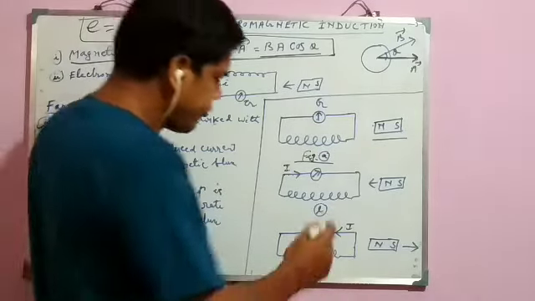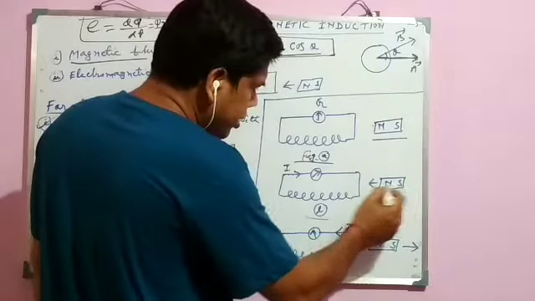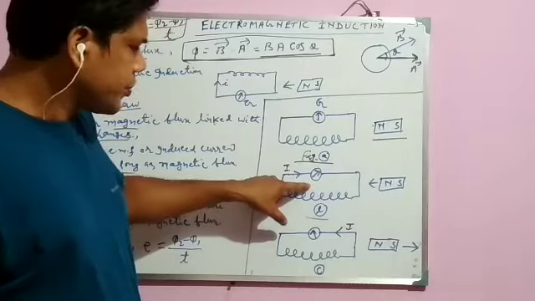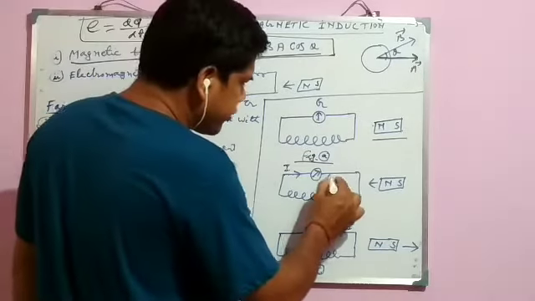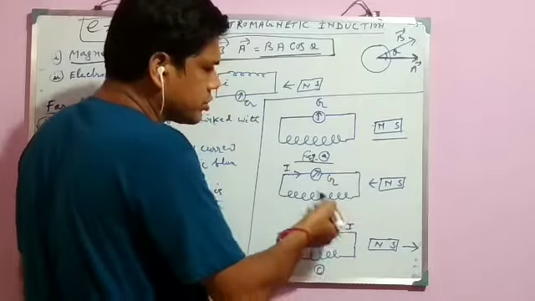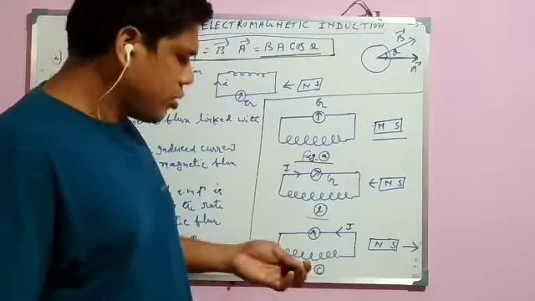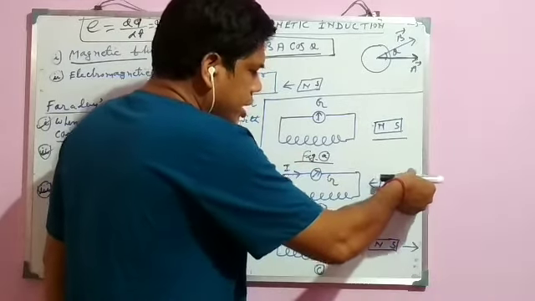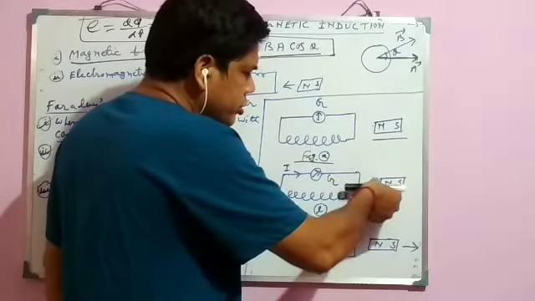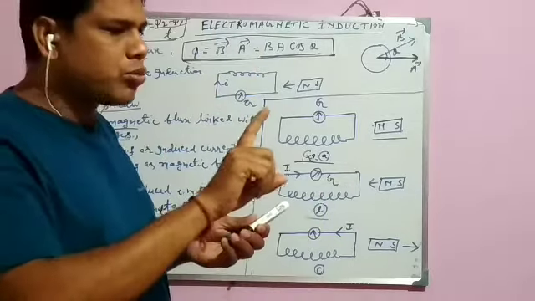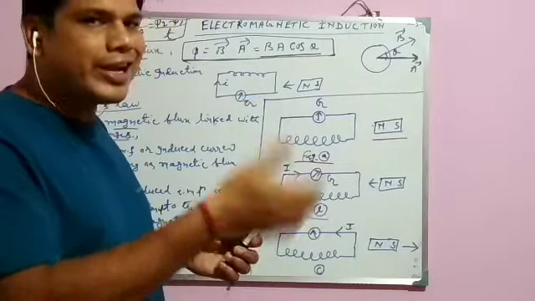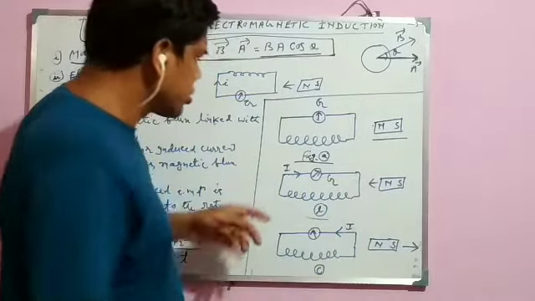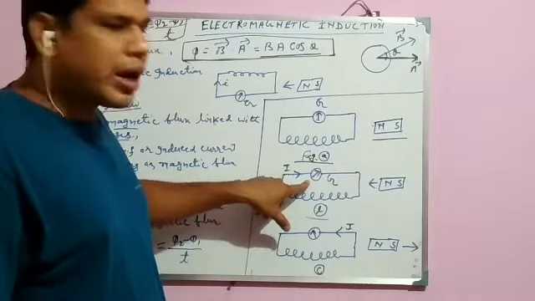But in figure B, when the bar magnet is moving towards this coil, the galvanometer needle deflects along this direction, suppose. As we move the magnet closer, the needle deflects more. It means the current increases. So whenever the bar magnet moves towards the coil, current is produced.